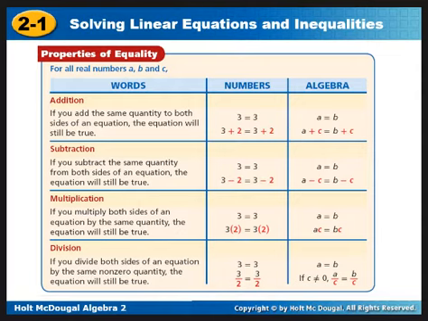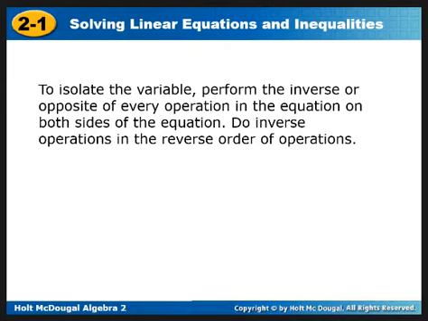So for example, if an equation involves addition, 2x plus 3 equals 6, in order to get the variable by itself, I have to subtract the 3 from both sides to get it to the other side. We'll talk a little more about that when we get into these equations.